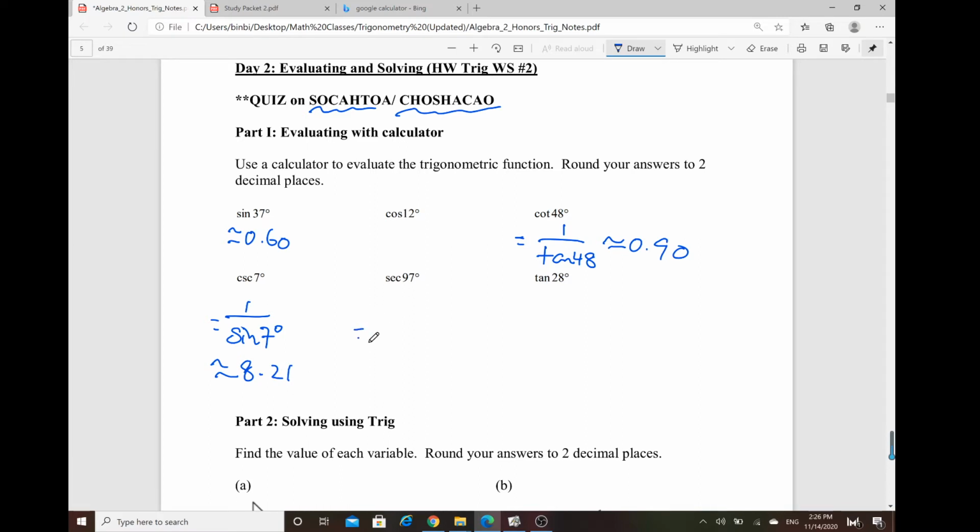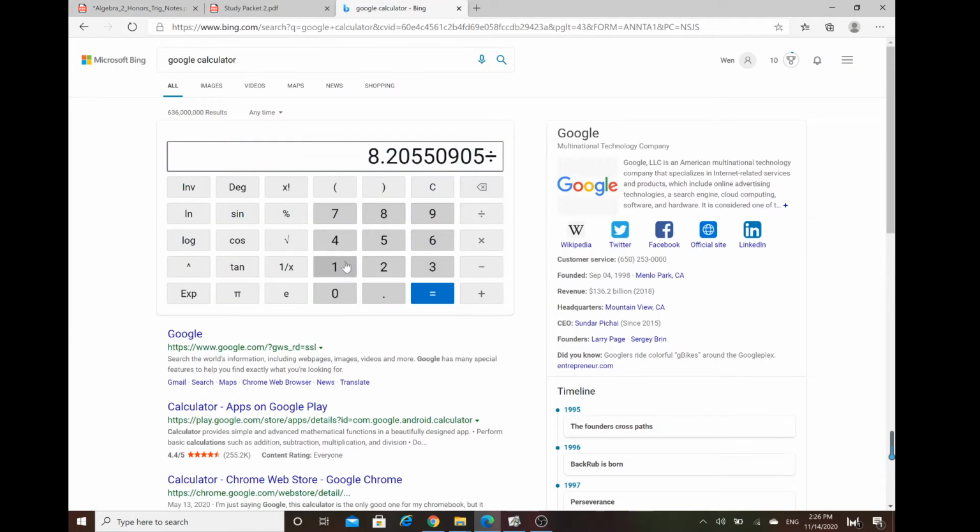And then secant, again, this one is not given on the calculator. We do know that secant is the reciprocal of cosine. So it's 1 over cosine of 97. On the calculator, typing 1 divided by cosine of 97. So it's a negative ratio.